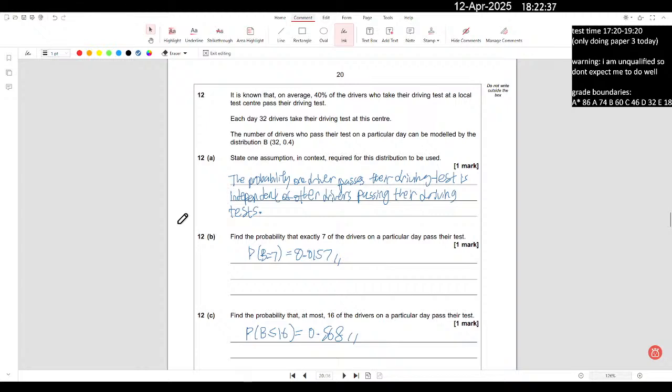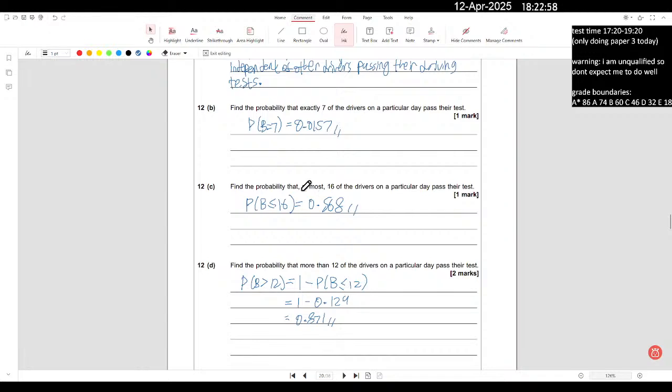Wait, I've been using the wrong number from the calculator. For parts B and C, I accidentally used N equals 40 when it's 32. What was I doing? I was falling asleep. No, this is not 0.568, this is 0.908.